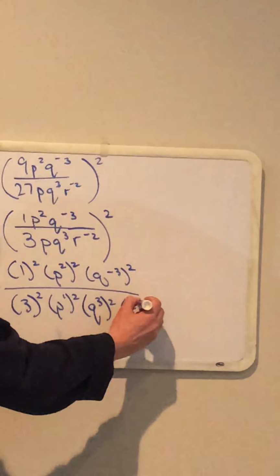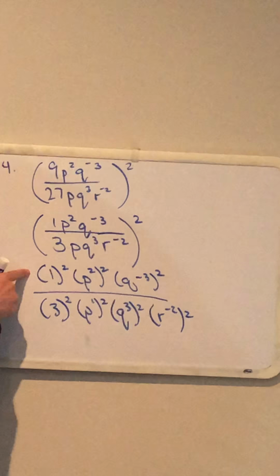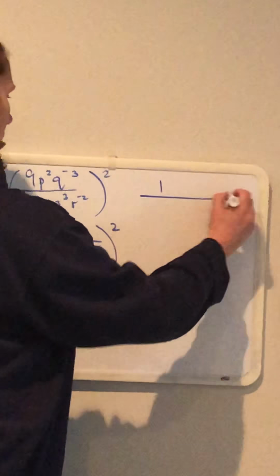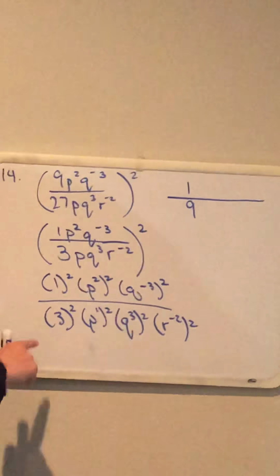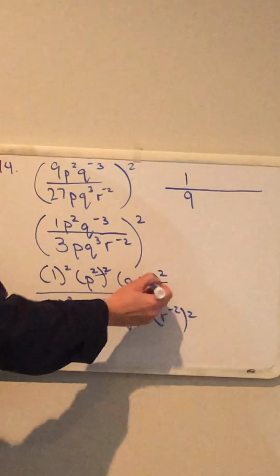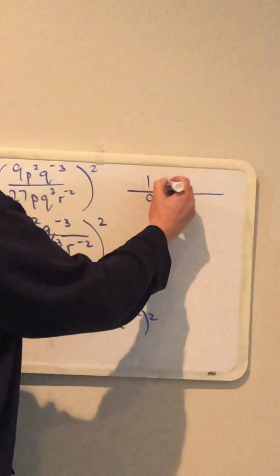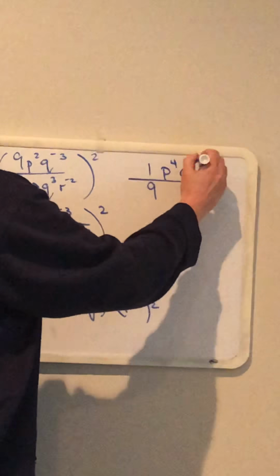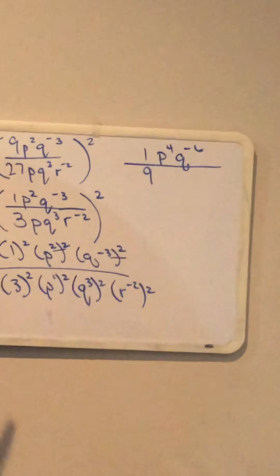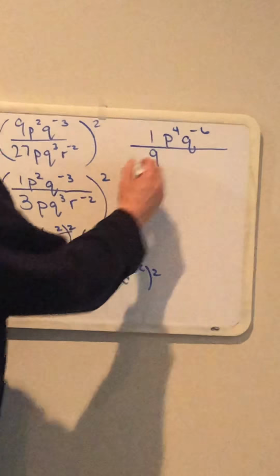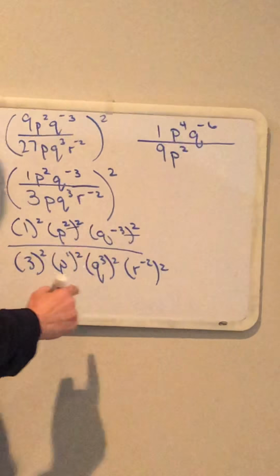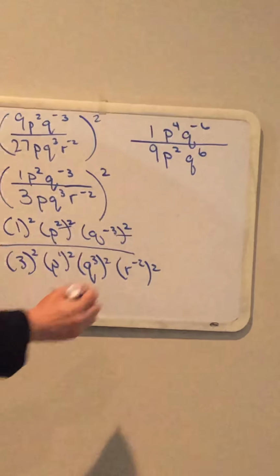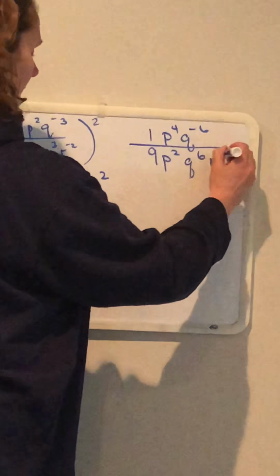So now if I do the work that's left here, 1 to the second is 1, 3 to the second is 9, so I have 1 over 9. Multiply the inner and outer exponents, I have p to the fourth, q to the negative sixth, in the denominator, I have p to the second, q to the sixth, and r to the negative fourth.